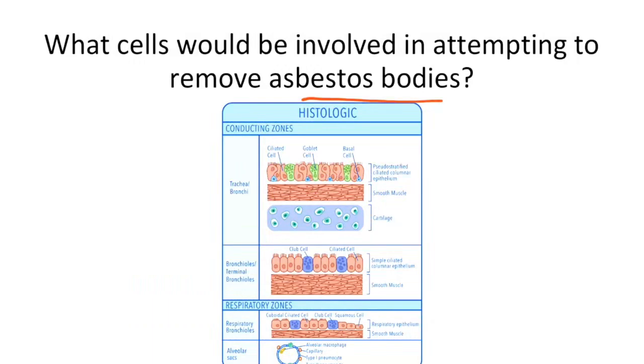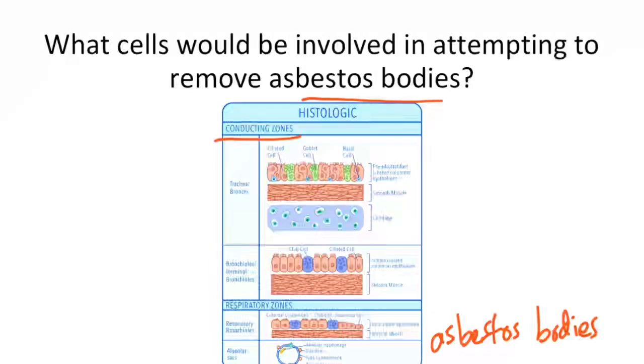These small particles can get past the mucociliary escalator and can be deposited in the alveoli. When they deposit here, they are called asbestos bodies. Recall that the mucociliary escalator is responsible for clearing debris in the conducting zone.